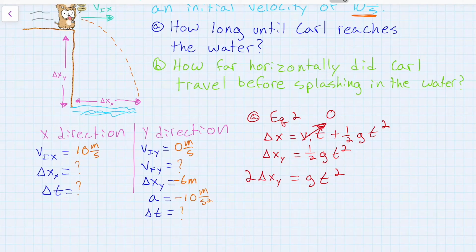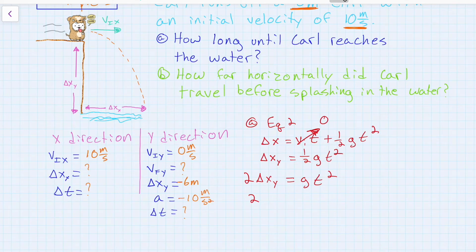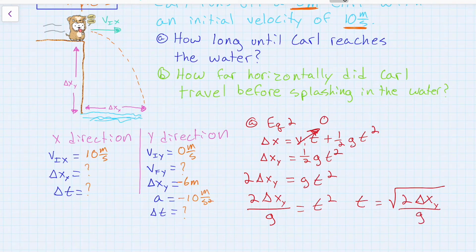If I divide both sides by g, then we get t squared by itself. 2 times delta y divided by g is equal to t squared. So that means time is equal to the square root of 2 times the vertical displacement divided by g.